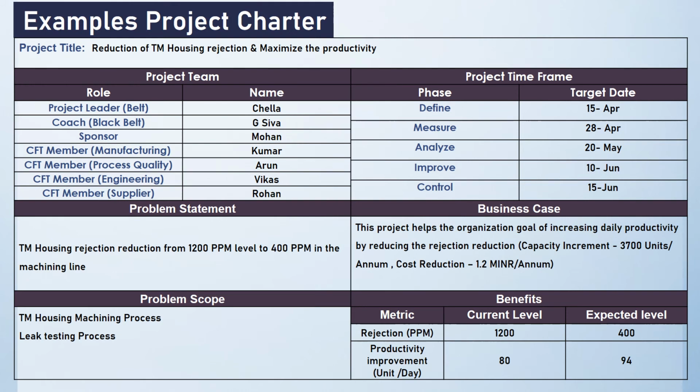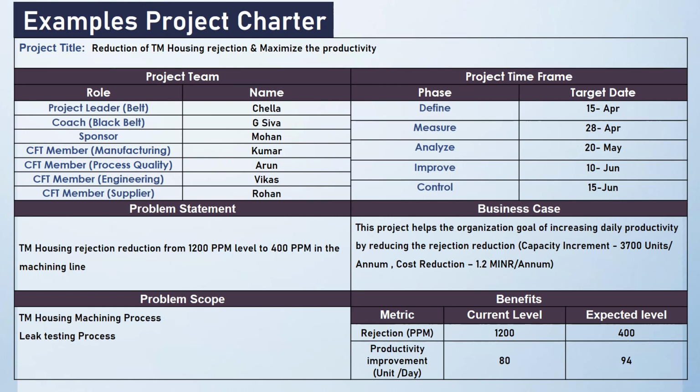And linking this particular project to the business case, the project helps the organization goal of increasing daily productivity by reducing the rejection. So capacity increment: if we achieve this particular ppm level, our capacity will increase by 3,700 units per annum, so that with the existing capacity we can produce 3,700 units extra.